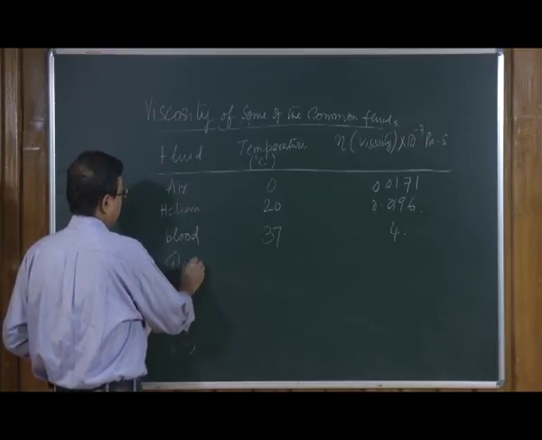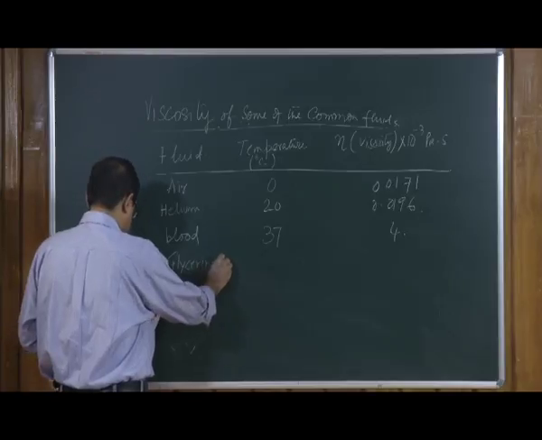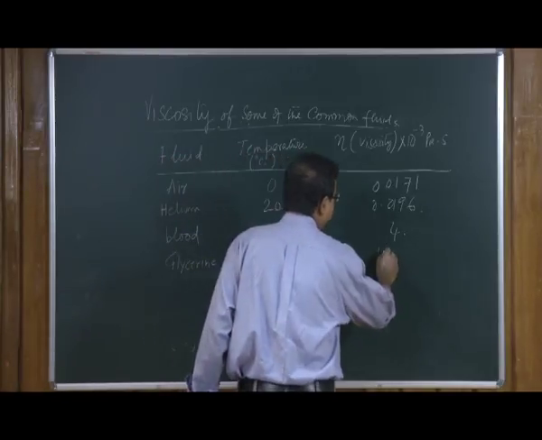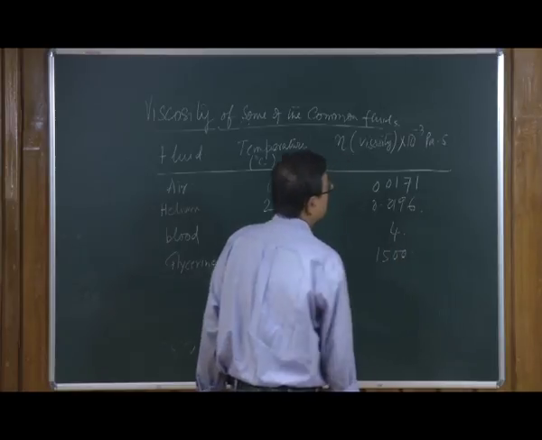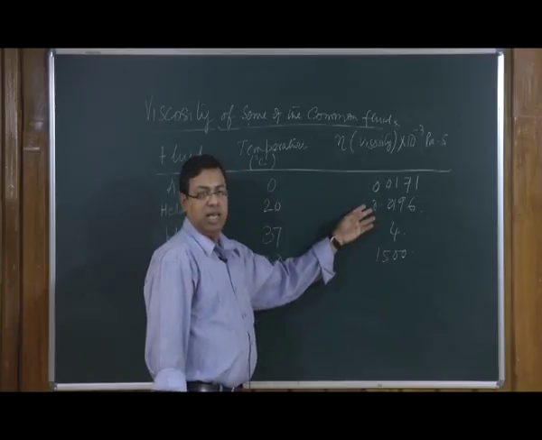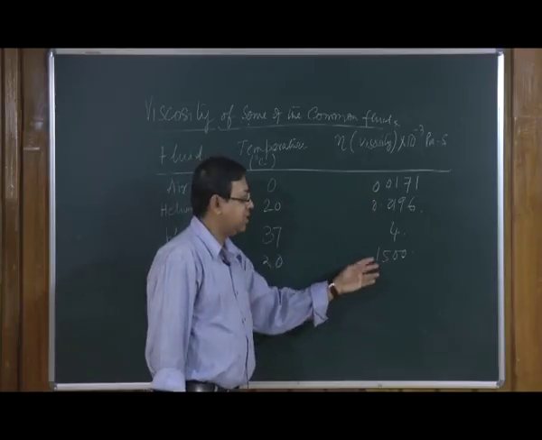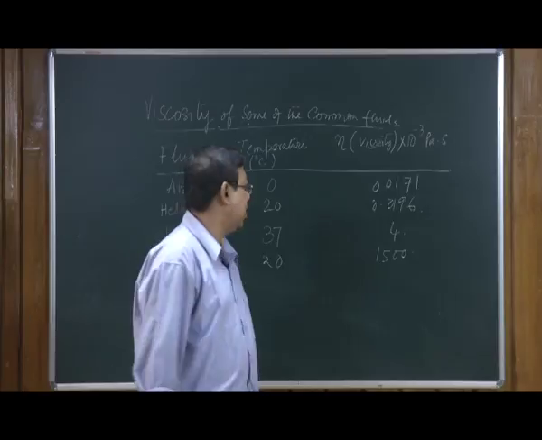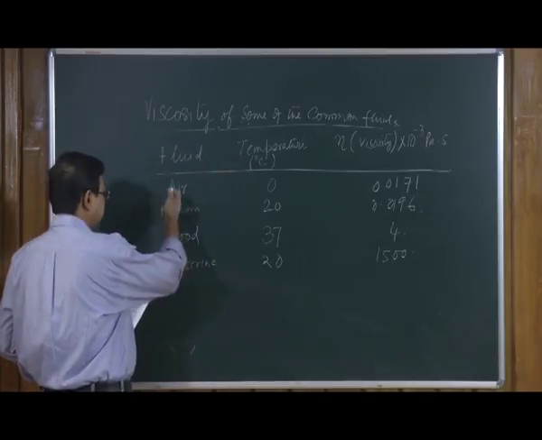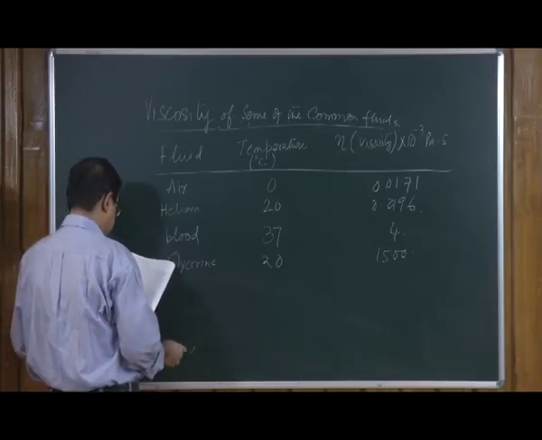Glycerin, which is known to be a very viscous fluid, at 20 degree centigrade, is 1500. So, 2 orders of magnitude more than this, and at least something like 6 orders of magnitude more than the gaseous 2 entries here.